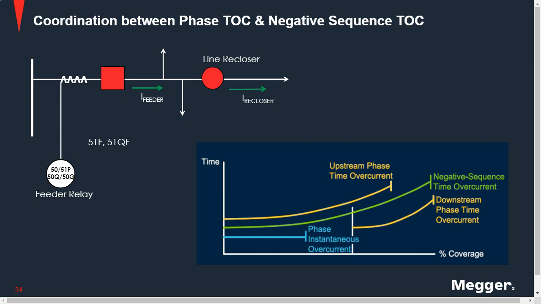Also, there are conditions where some utilities don't want you to overwrite trip outputs, and maybe you can get around that by using spare outputs on the relay. But often they want you to test on that trip output, so it's important to understand how those elements coordinate with each other.